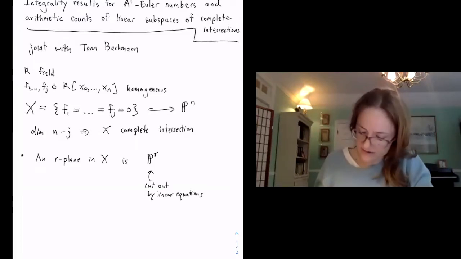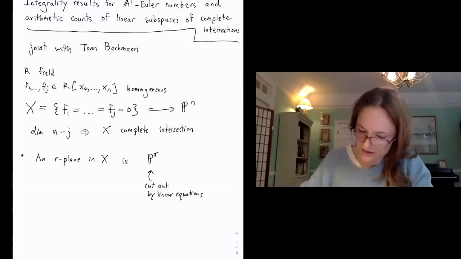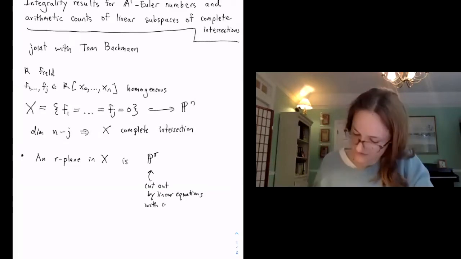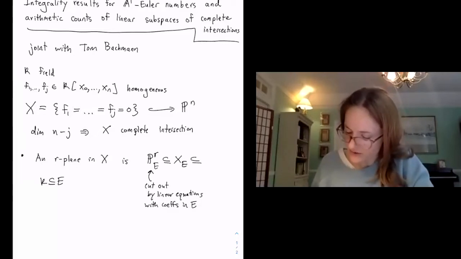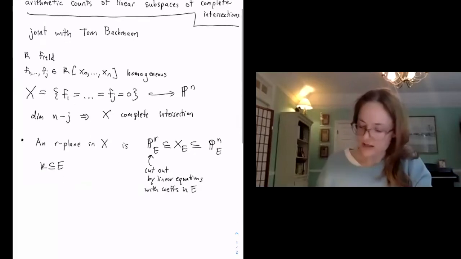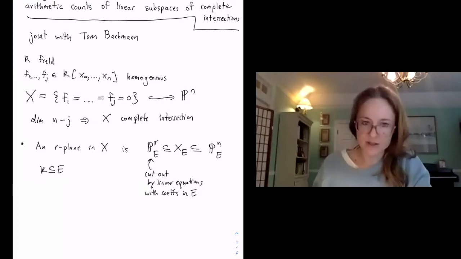We're going to let these linear equations have coefficients in some field extension E. And then it will be an r-plane in X if it sits inside X, viewed as a scheme over E. So there are our linear subspaces of dimension r.